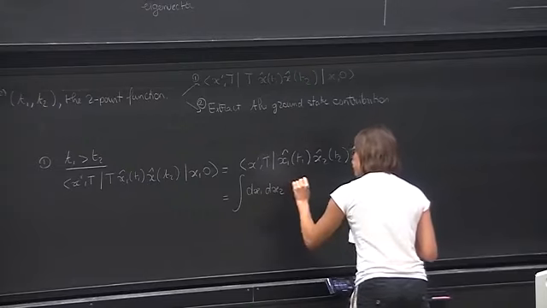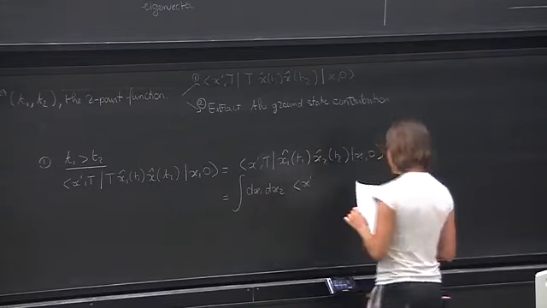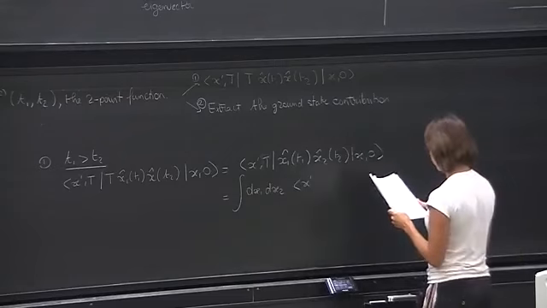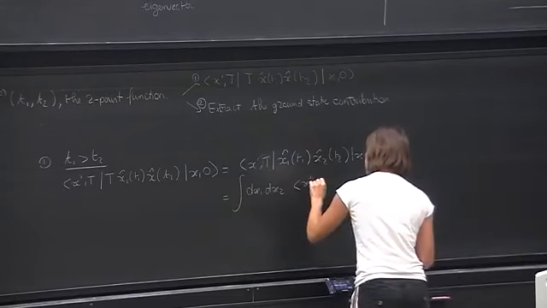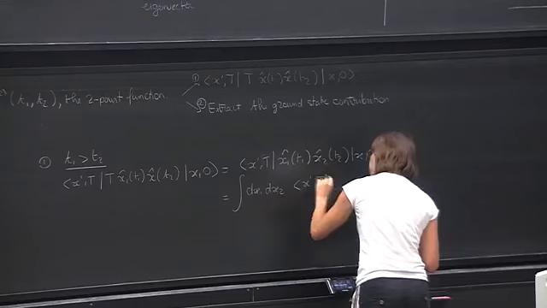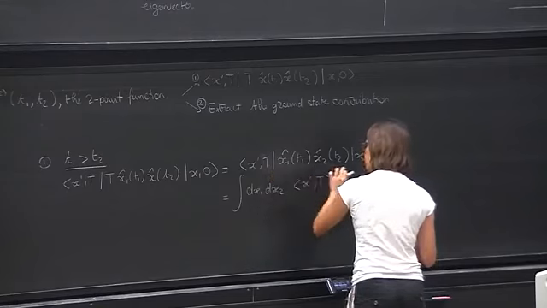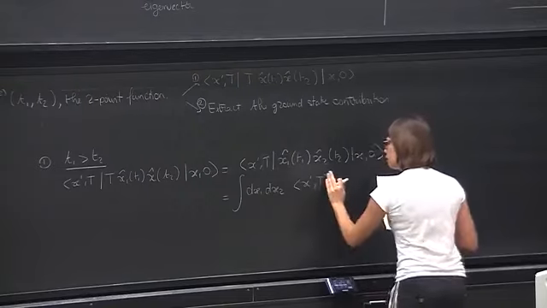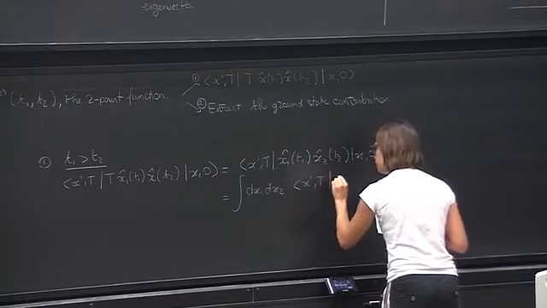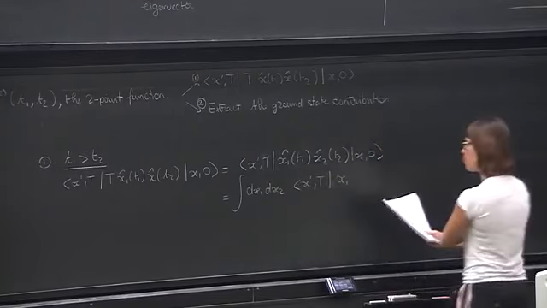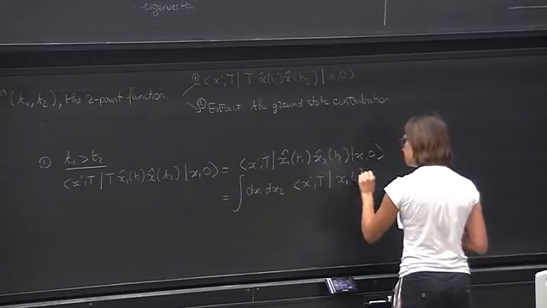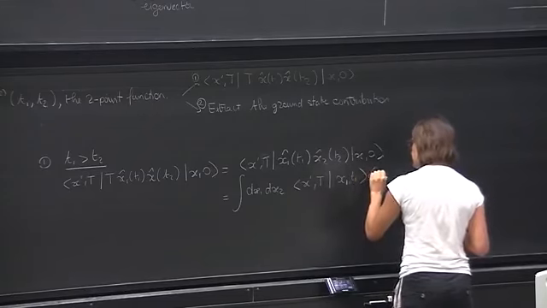I want to look at the matrix element of this object, okay? So I'm going to introduce the identity resolution between here and here. Okay, and I'm choosing that this is at a given arbitrary time t1.